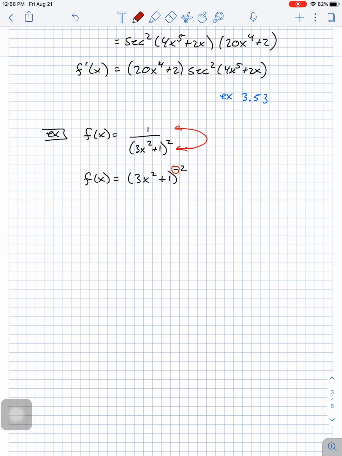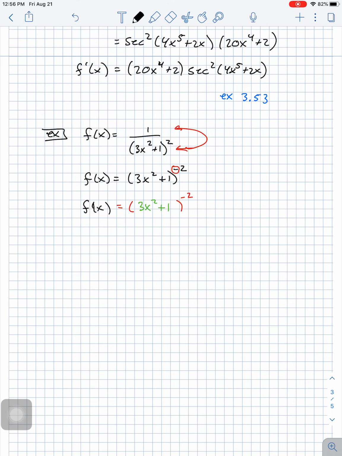And I've eliminated that fraction, so I don't have a quotient rule anymore. I just have a straight up chain rule, which is oftentimes easier to manage. So if I break this up, my outside function is something to the -2. My inside function is 3x squared plus 1.